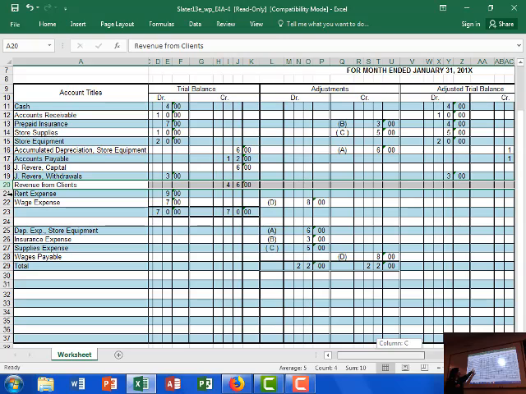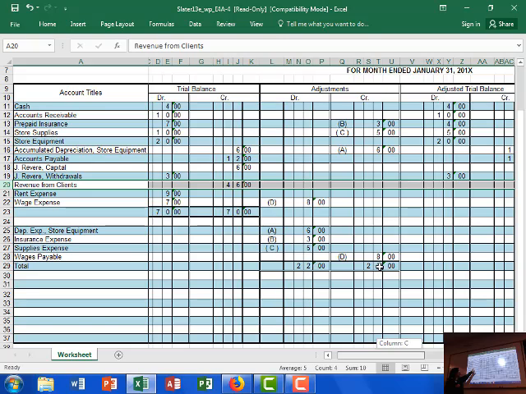Okay? So here we go. We're going to bring all of the expenses over, whatever totals that we have. So we're taking them from the trial balance, $6. And now we're going to do what? We're going to take the expenses and subtract it from what?